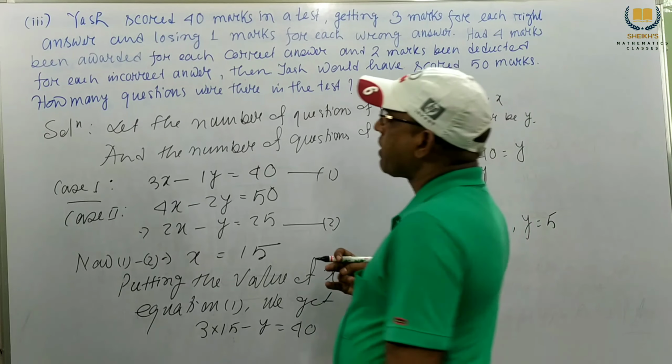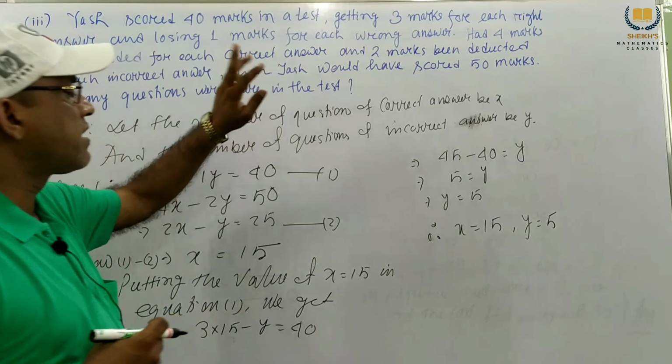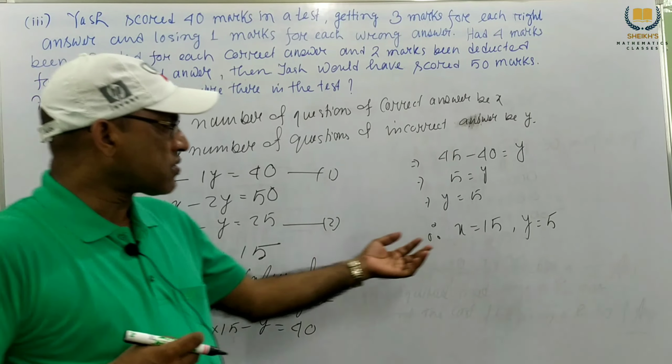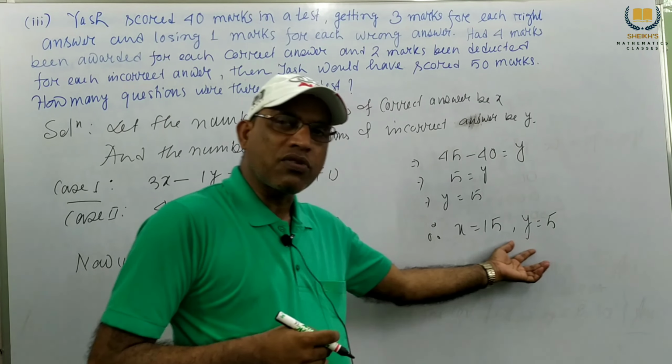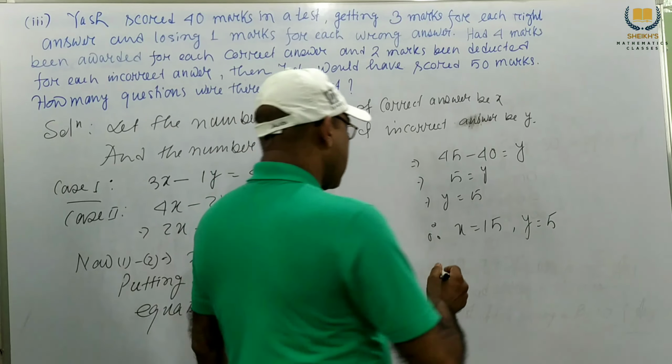Now our requirement: how many questions were there in the test? So the total number of questions, this is correct questions and this is wrong, then the total number of questions is this plus this.